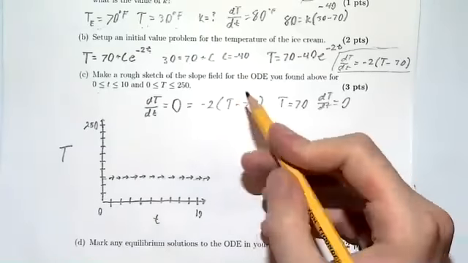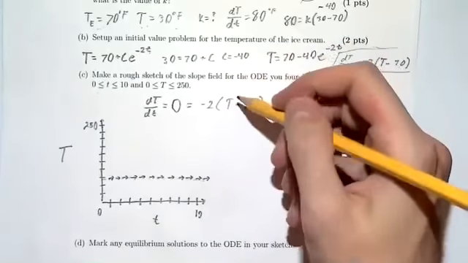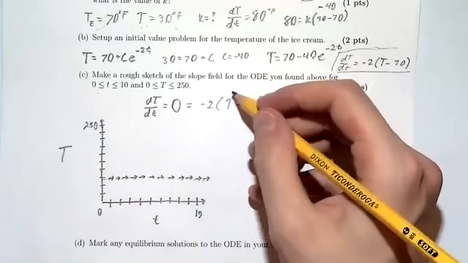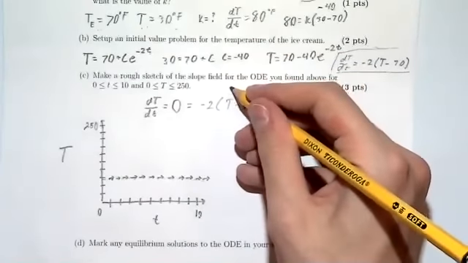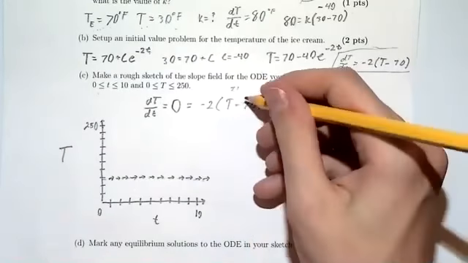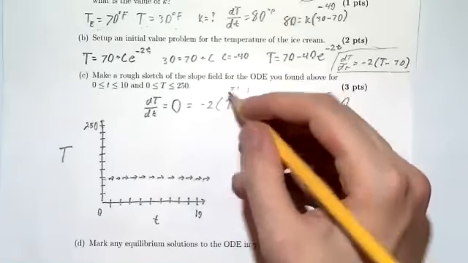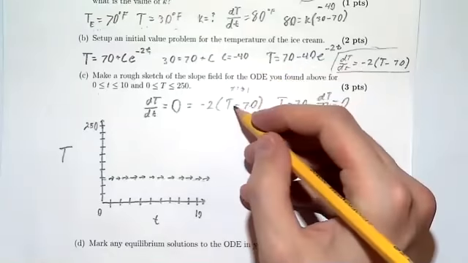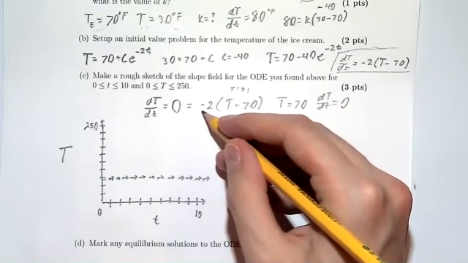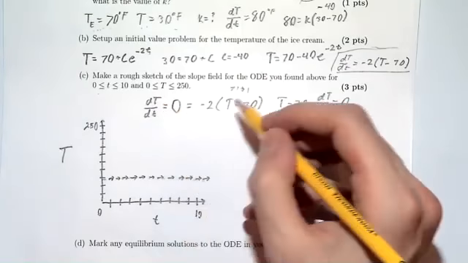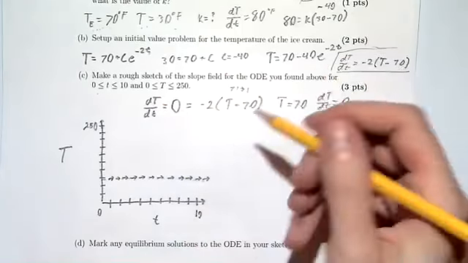Yeah, that's another way to do it. So using logic, you can come to a solution quickly, but you could also just test, well, if I plug in 71, I get 71 minus 70, so positive 1. And then positive 1 times negative 2 is equal to negative 2. So our temperature is changing by cooling or going negative.